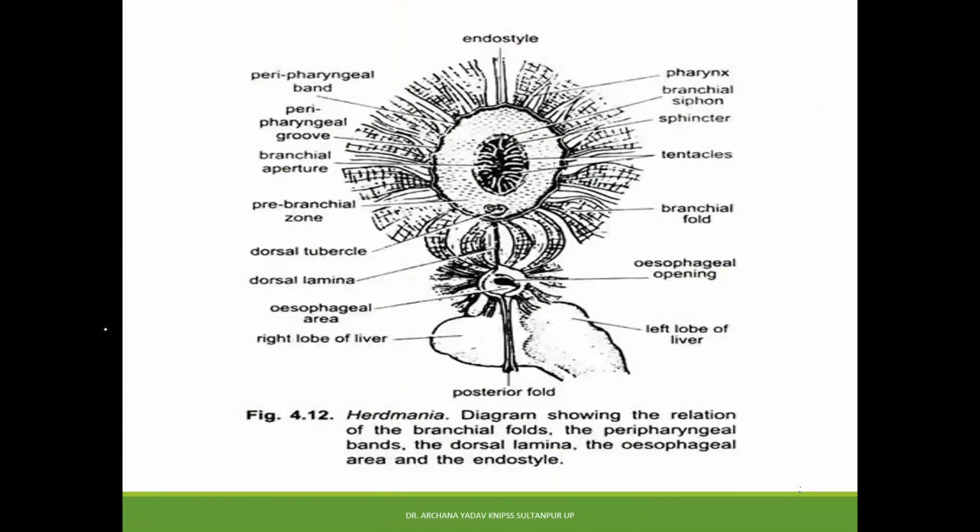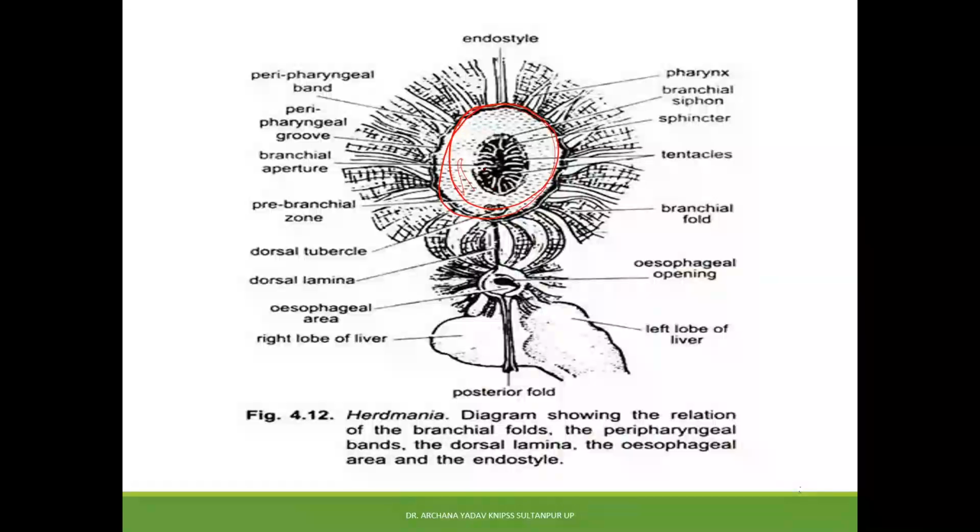This diagram shows the relation of the branchial fold, the peripharyngeal bands, the dorsal lamina, the esophageal area and the endostyle. This portion is the prebranchial zone, and this structure we have seen from the upper side of the branchial aperture.